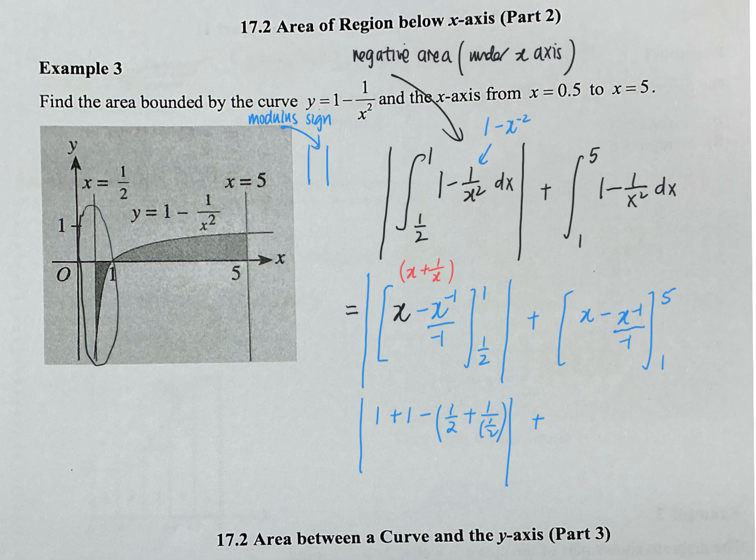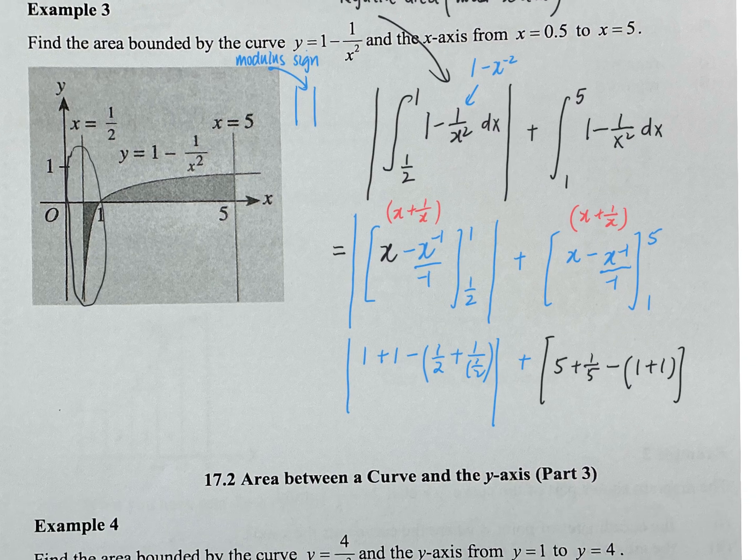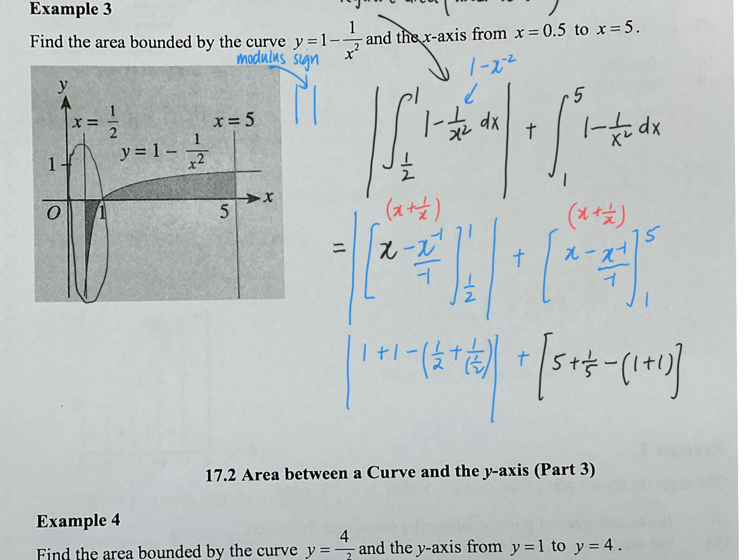Same thing. If you simplify this is your expression. So if you sub in, you get 5 plus 1/5 minus 1 plus 1. So if you check, this is 2 minus 2.5. Can you see that it gives you a negative half?